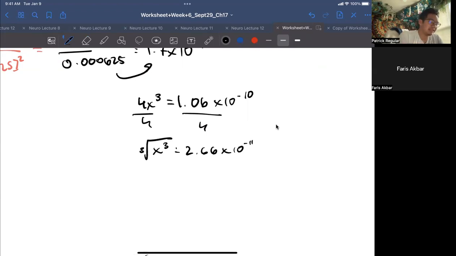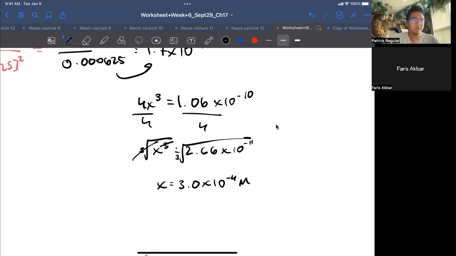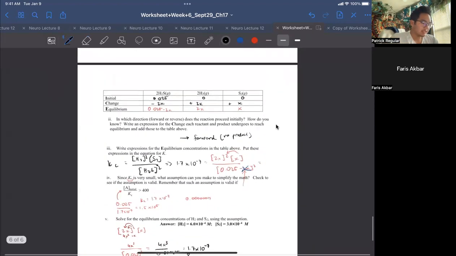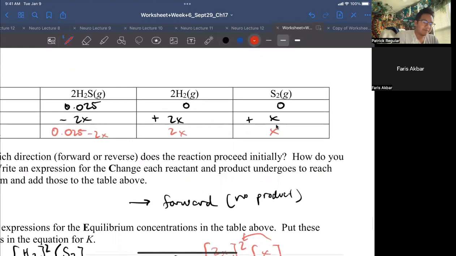Cube root it. Get rid of that cube. Cube root it. And now our x is only 3.0 times 10 to the negative 4 molarity. So if that's our x, that's not the last step, because remember, the last step is plugging them in.